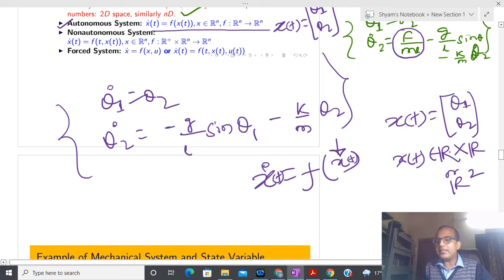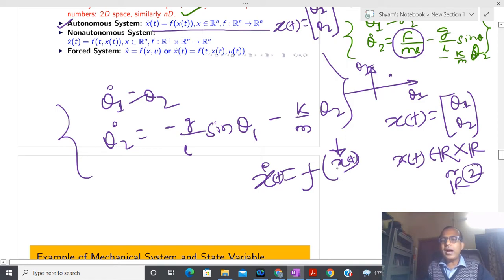Here you can see that the Cartesian product is involved. Why? Because the order of theta 1 and theta 2 matters. If you take a point in this space, then (theta 2, theta 1) and (theta 1, theta 2) are different. Due to that reason the Cartesian product comes into the picture. So x(t) I have written in R2, and due to that n is equal to 2.